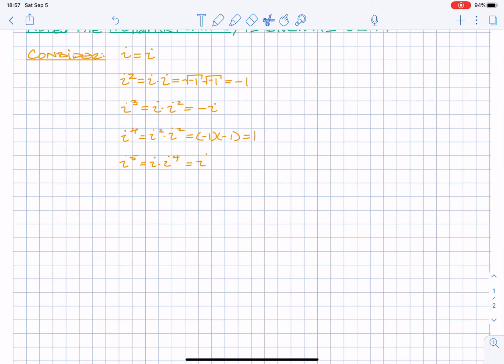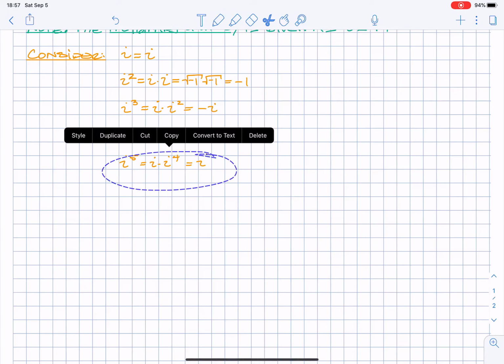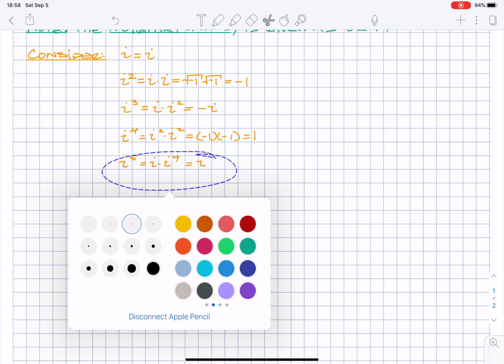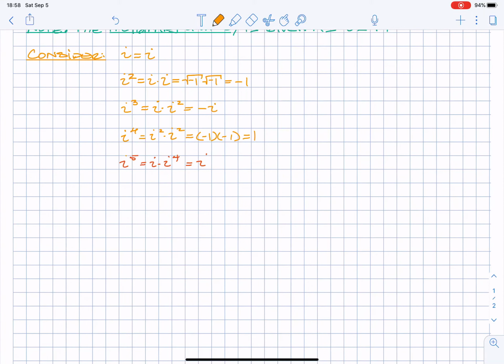Actually, let me do this in a different color. And i to the sixth will be i times i to the fifth, which of course is -1, because that's the same as i squared.